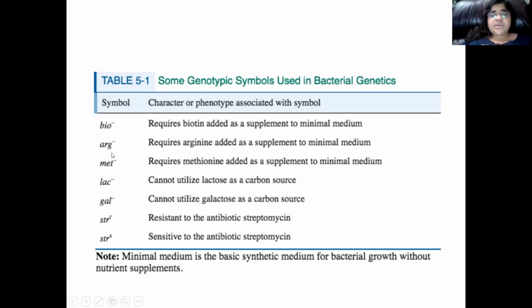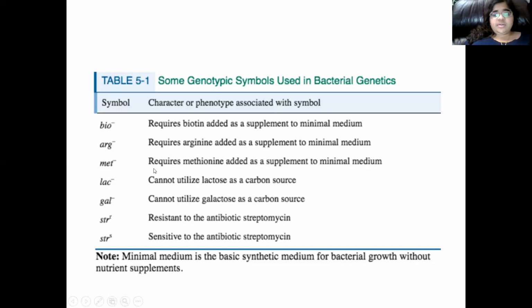This is the same thing going on with all of these amino acids. Sorry about that. So when you have a negative next to something like arg, which stands for arginine, one of the amino acids, it's saying that it lacks arginine and it's needed as a supplement to the minimal media.